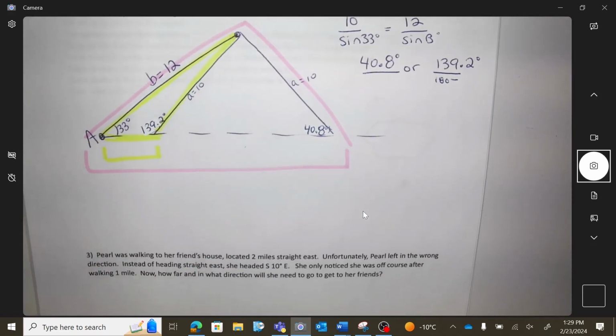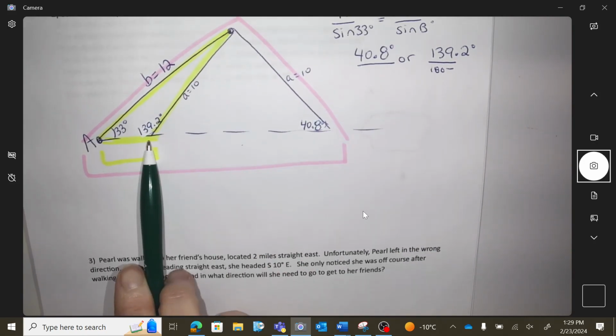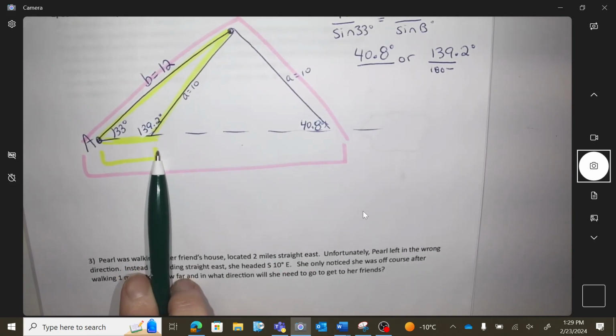Okay, did you think of them in the same spot as me? One that's small, one that's big. Okay, so what do you want to do?